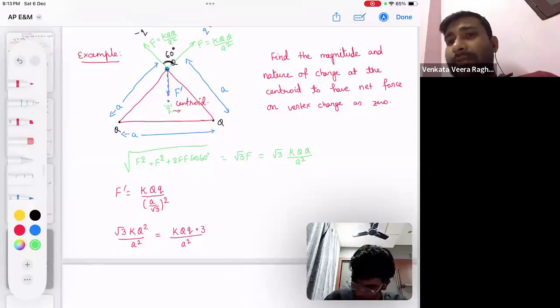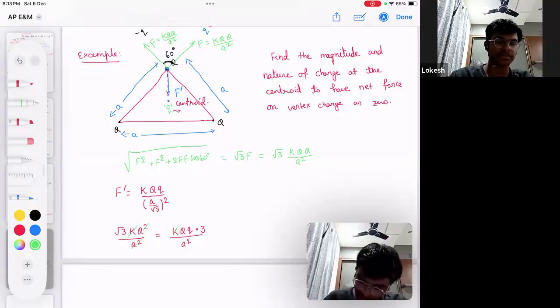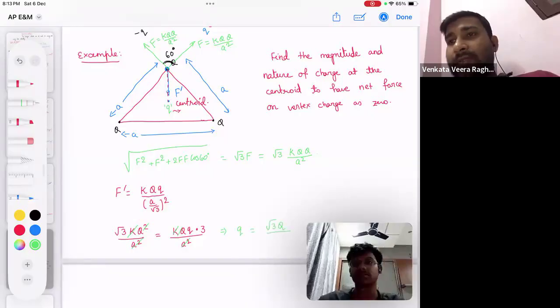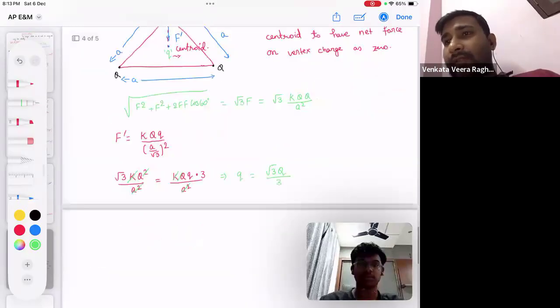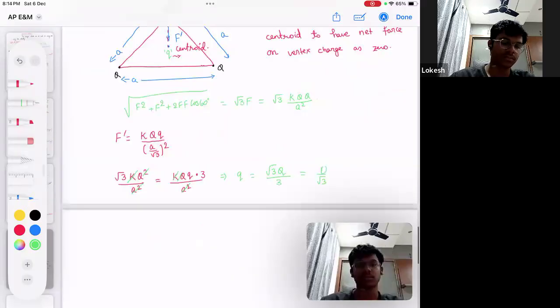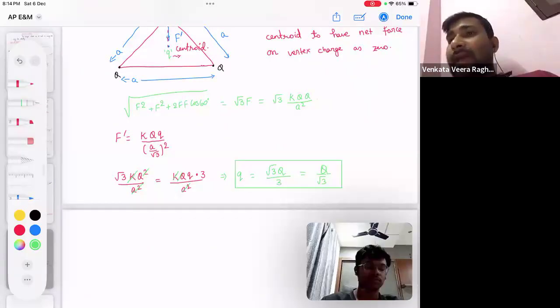Right now, root 3 square. We have simplified it. Now just check it. If you cancel out, k gets cancelled, q gets cancelled, and a square. Q by root 3, right? We have root 3 capital Q by 3. So that means it is coming how much? 1 by root 3 into Q. So the magnitude wise, this should be capital Q by root 3.